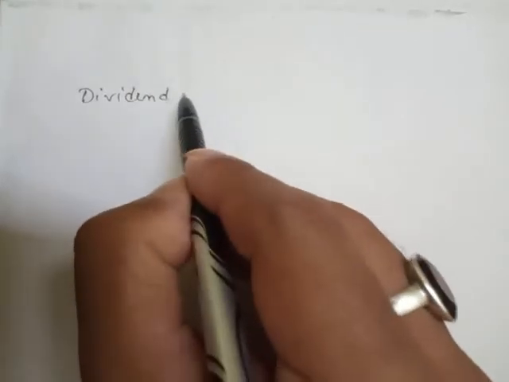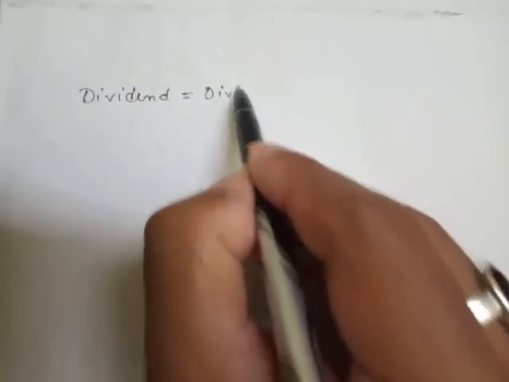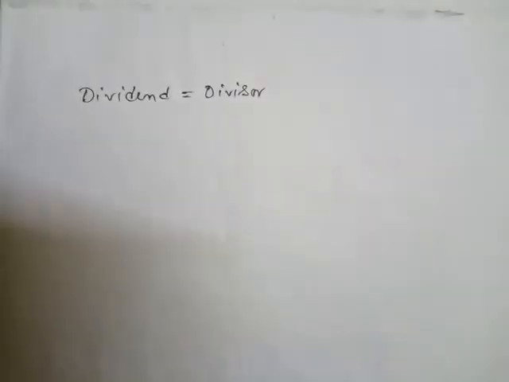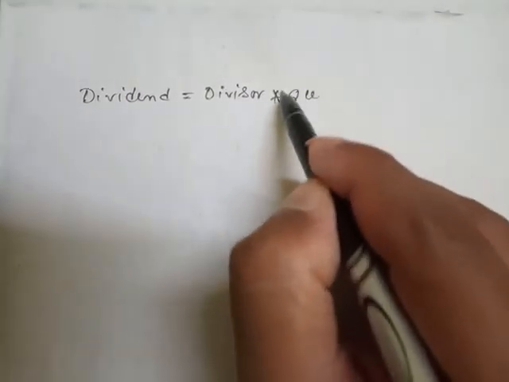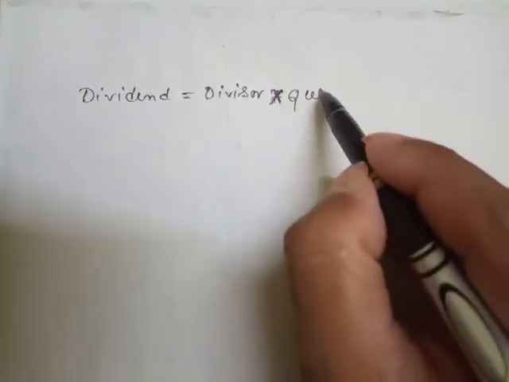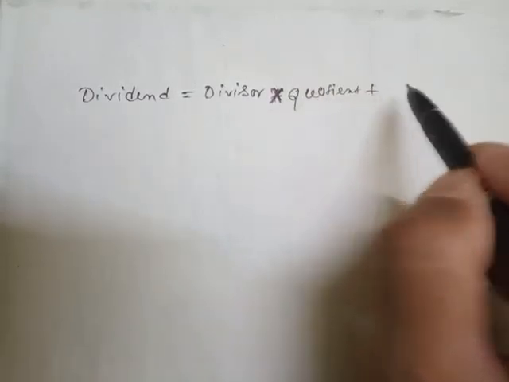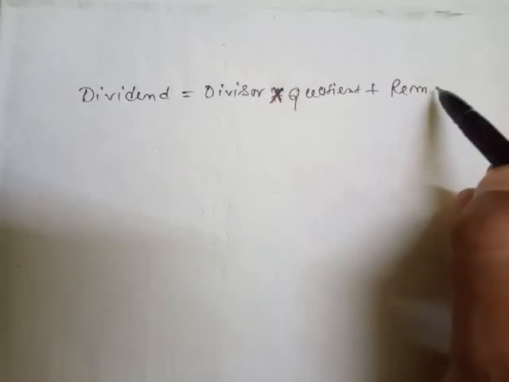Now dividend equals divisor into quotient plus remainder.